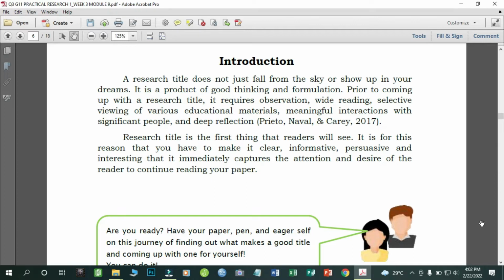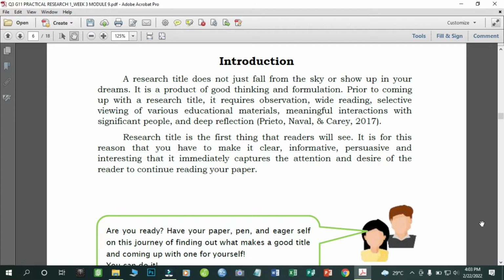So it's not just looking at one article on the internet and that's it, it's already done. When you have your research, you must have multiple sources, or you read a lot of learning materials and resources, so that you will have good thinking and you will be able to formulate a good research output.